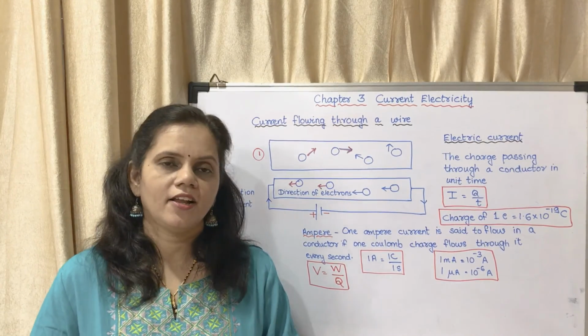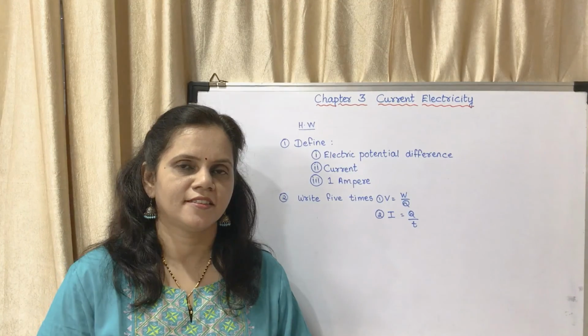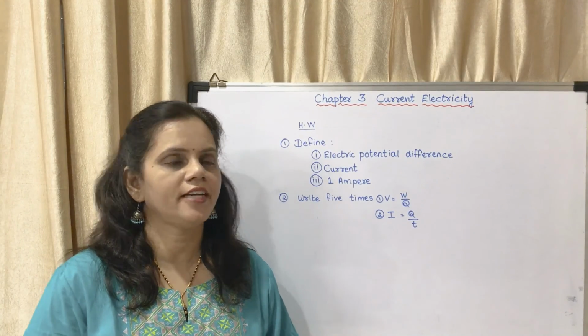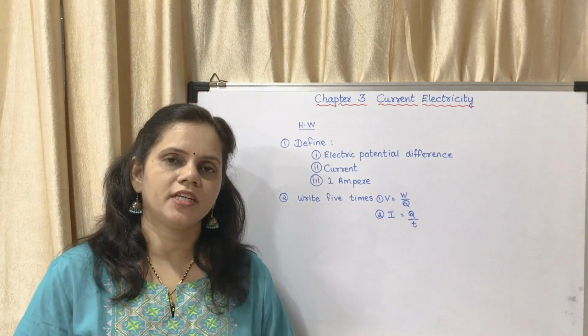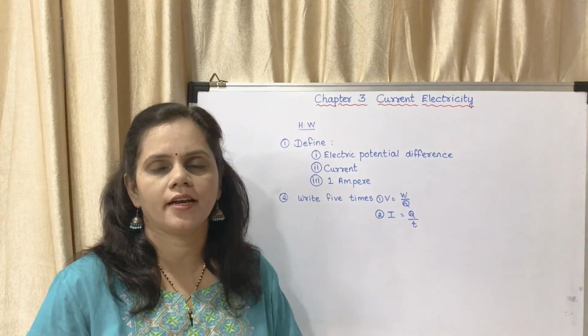Now I'll give you the homework. This is the homework for today. Define electric potential difference, current and 1 ampere.